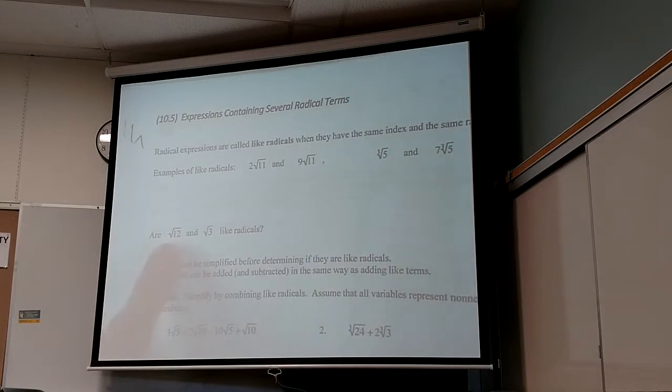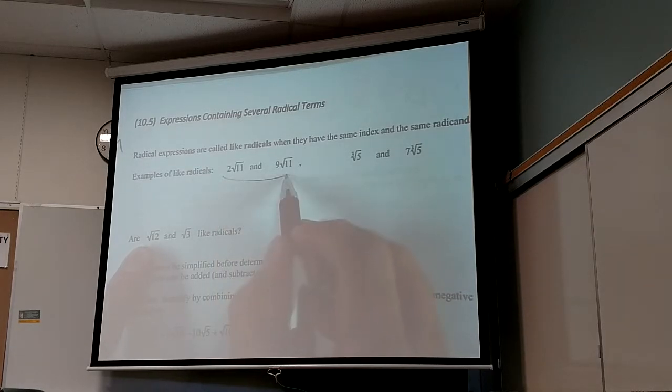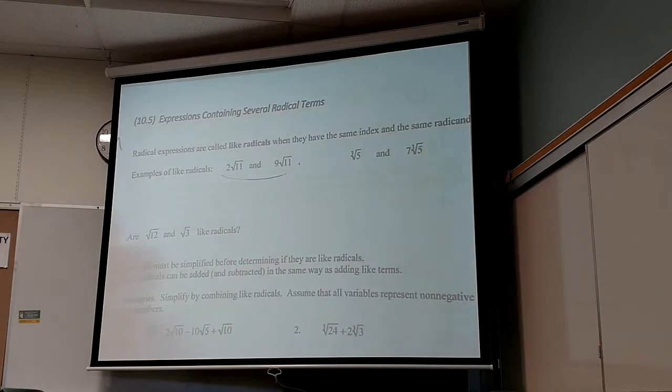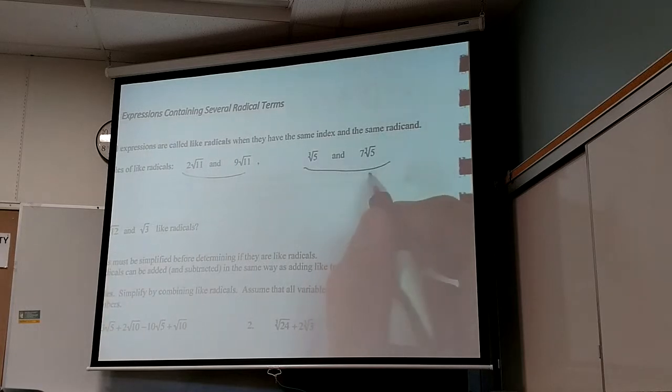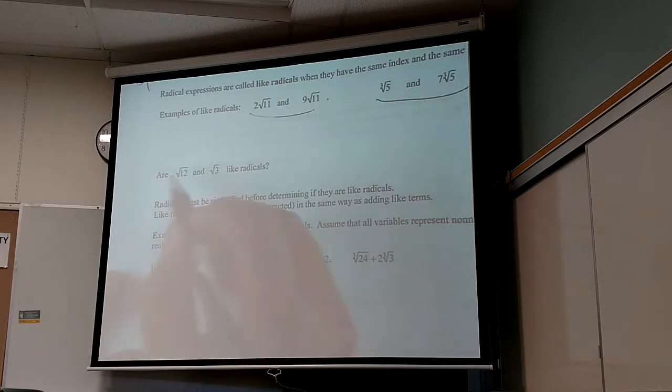Now look at this question right here. Now, obviously, are these like radicals? No, I don't mean, are they like radicals? Are they like terms? All right. What about these guys? No, but can I simplify one of them? Yes.